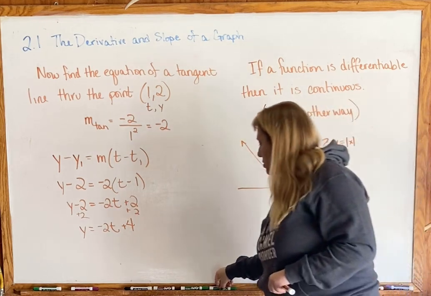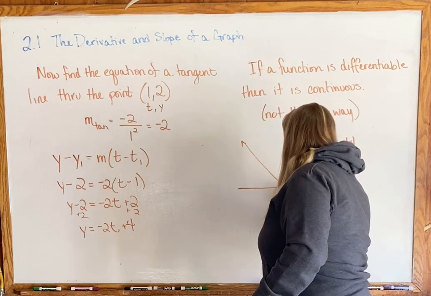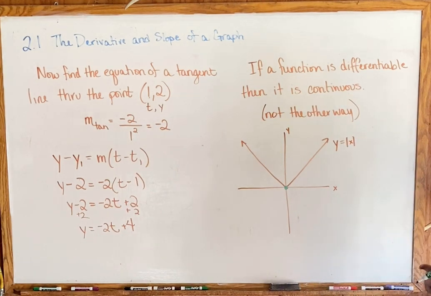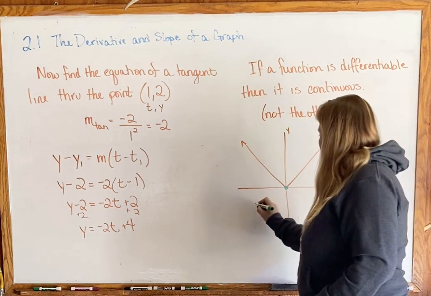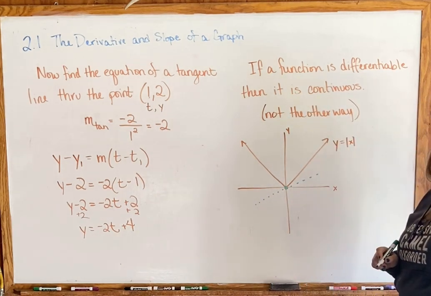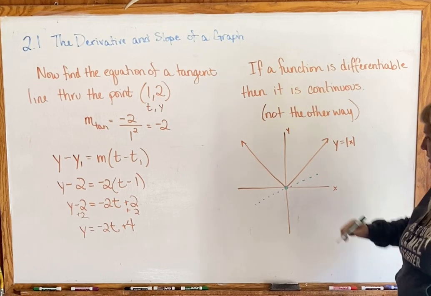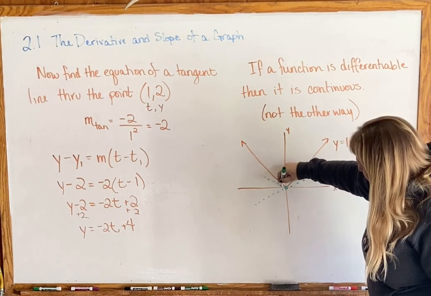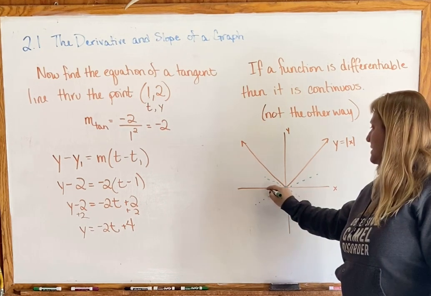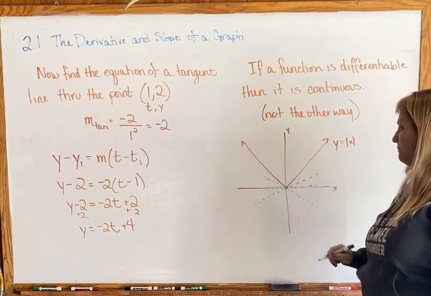But what I want you to notice is if I ask you for this point right there, what does the tangent line look like there? Could this be a tangent line at that point? Is it touching at only one point? Could this guy be a tangent line at that point? Could this guy be a tangent line at that point?